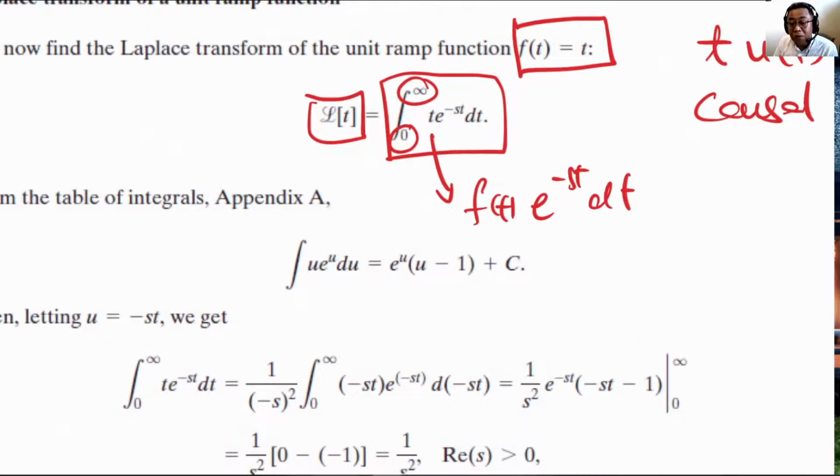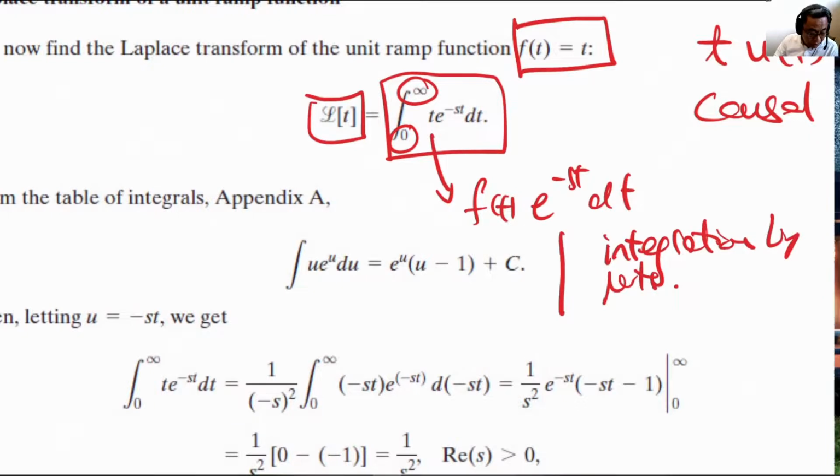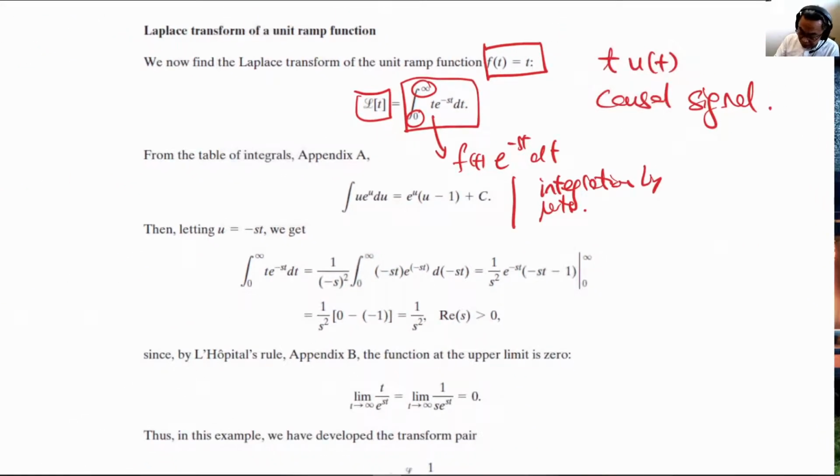So when you look at this complicated function, what can we do? Well, I'm going to advise you to do integration by parts. And in the integration by parts, you will have your choice of u and dv.